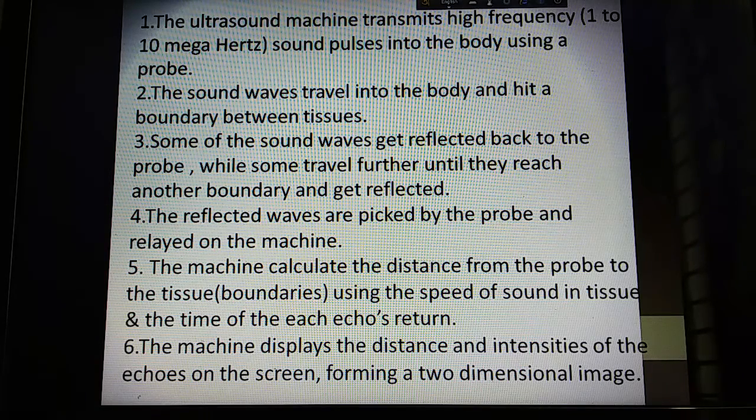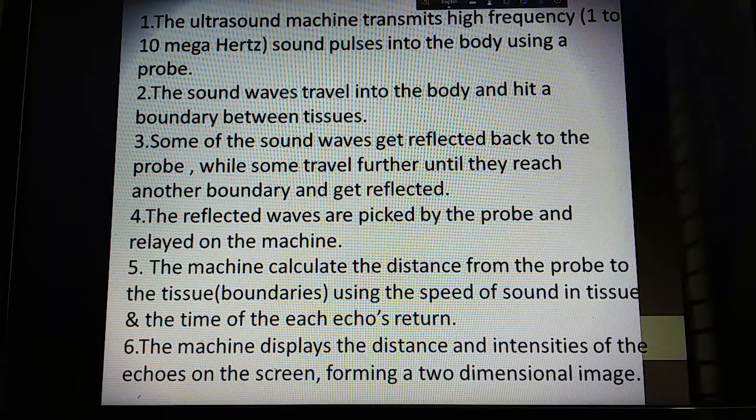The machine transmits high frequency sound pulses into the body using a probe. What is a probe? This is actually a transducer probe. We will try to see this part in the next portion of our lecture.